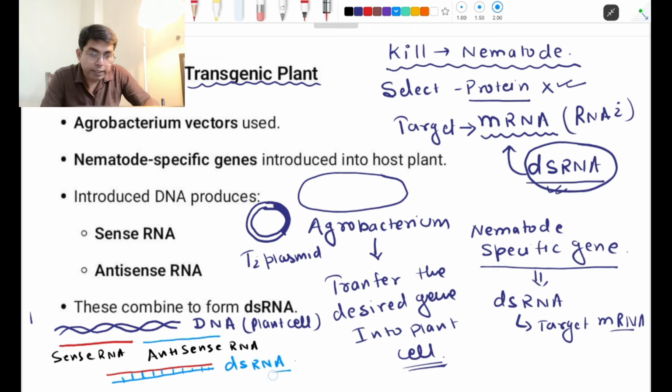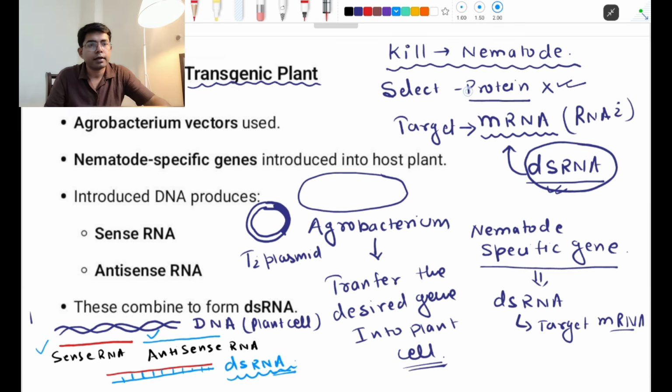Now you will think, sir, how can DNA form a double-stranded RNA? Usually DNA forms a single-stranded RNA. DNA here is forming single-stranded RNA only, but it is forming a sense and antisense which are complementary to each other, so we get the double-stranded RNA. So till here every point is clear. How we have created double-stranded RNA in a plant cell?